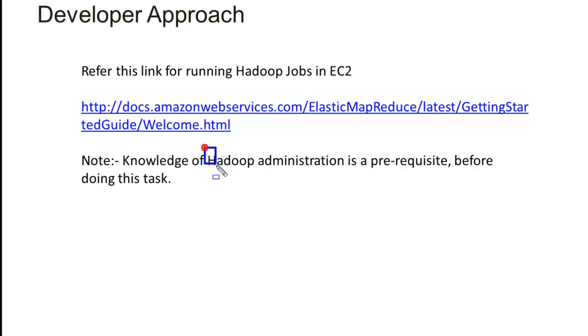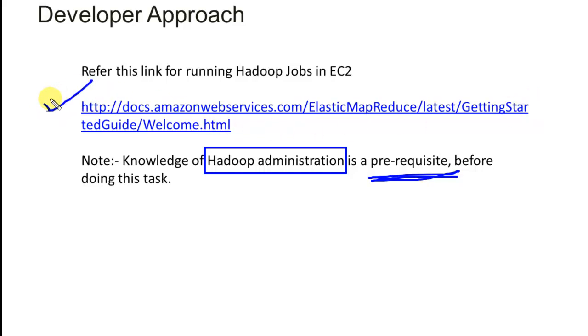Knowing Hadoop administration is a prerequisite, and you should definitely learn about Hadoop administration before you use the EMR service. If you want to know a little more detail about this, you can use this link and read about the EMR service. So that brings us to the close of our service called Elastic MapReduce from AWS.